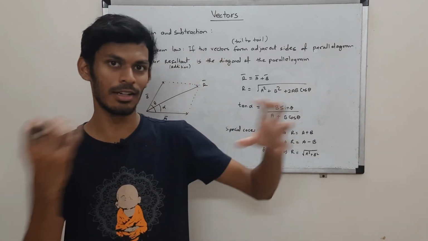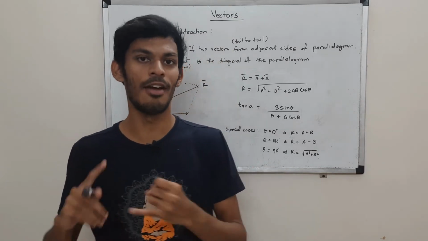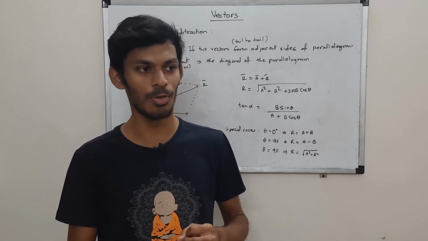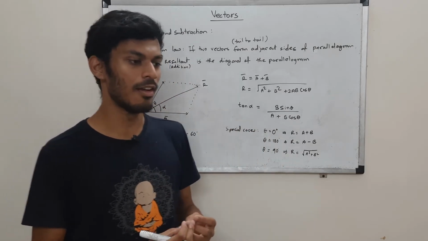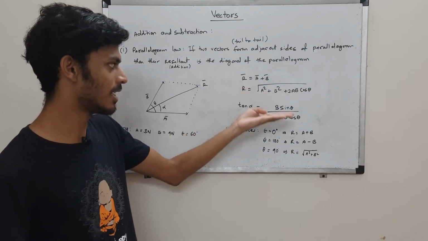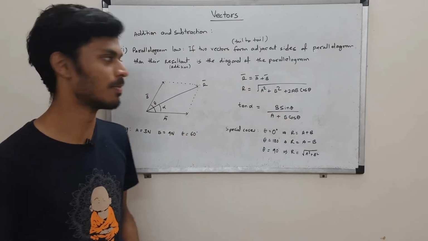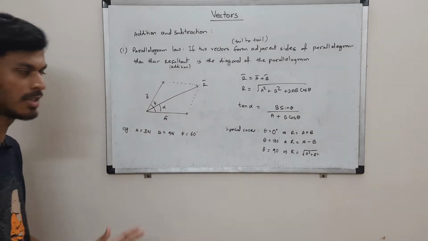When you add two vectors, the answer will be a vector, which will of course have a magnitude and direction. Our objective is to find that resultant vector. We'll find the magnitude of the resultant vector and its direction with respect to our first vector. So let's do it.